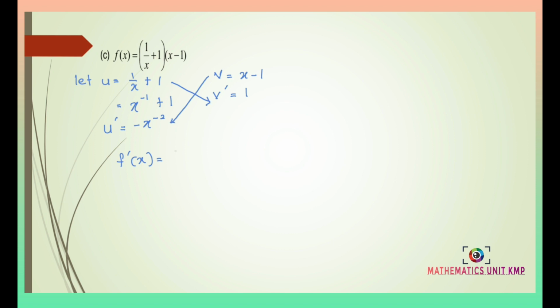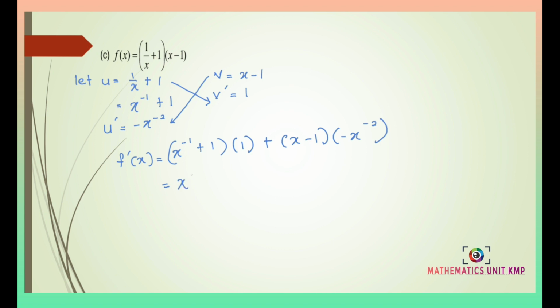Here we have u is 1 over x plus 1, I write x power negative 1 plus 1 times 1 plus v, x minus 1, times negative x power negative 2. After that, we simplify the answer.